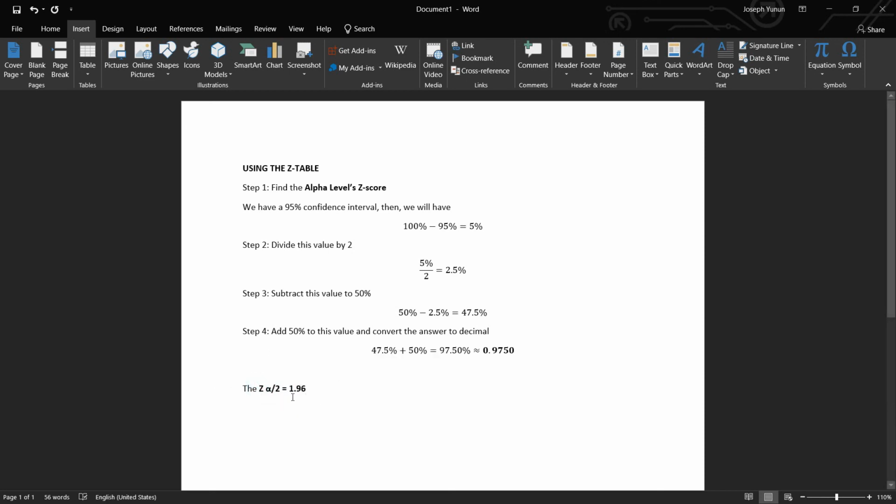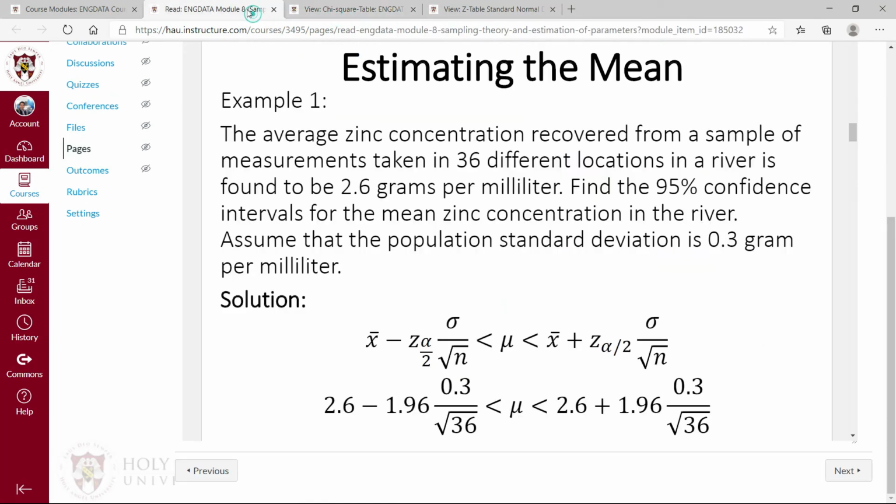So you have a value of 1.96. That's how they computed this confidence or alpha level z score.